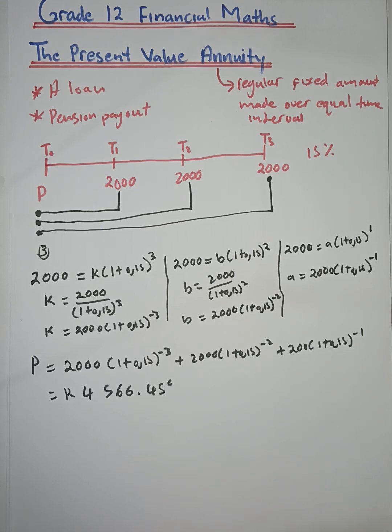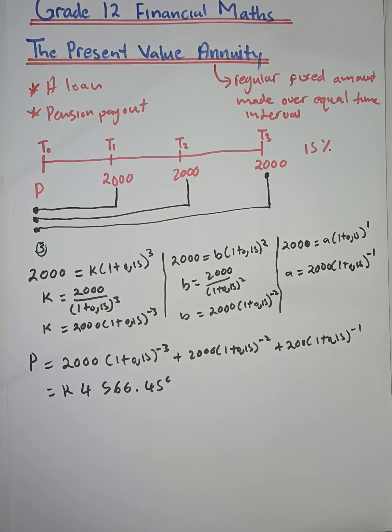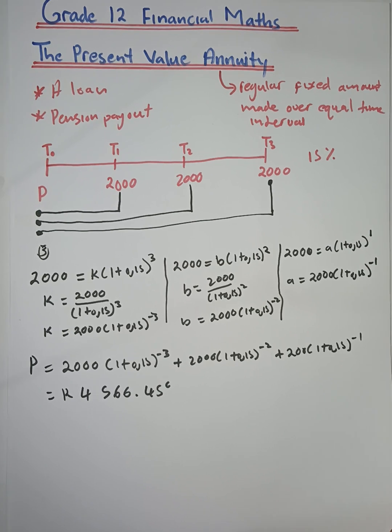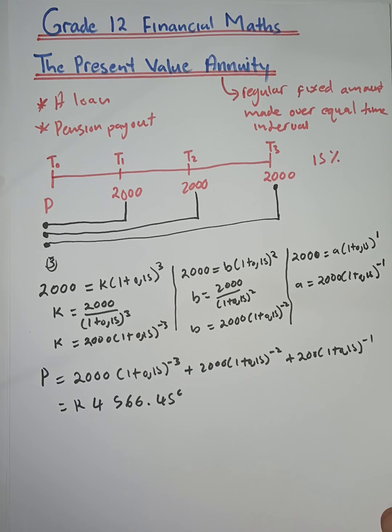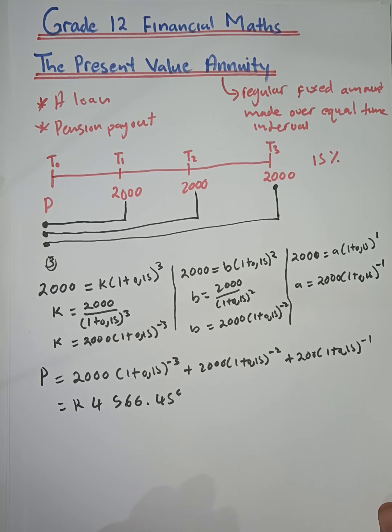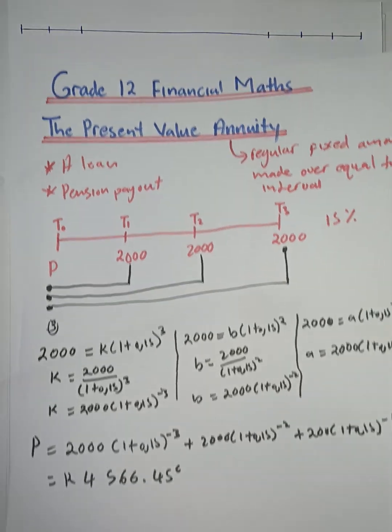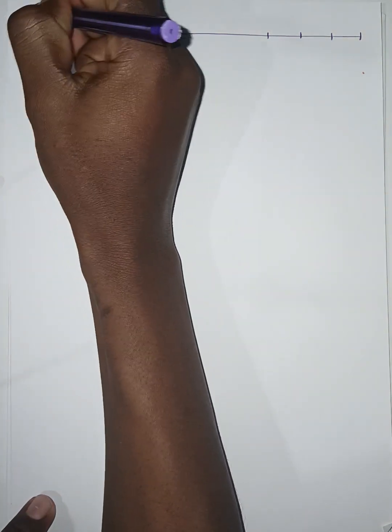So what I'm going to do is show you the formula for the present value annuity, and I'm going to use the same logic that I used here. Suppose again we were granted a loan of P at the beginning. So this would be T0, T1, T2.